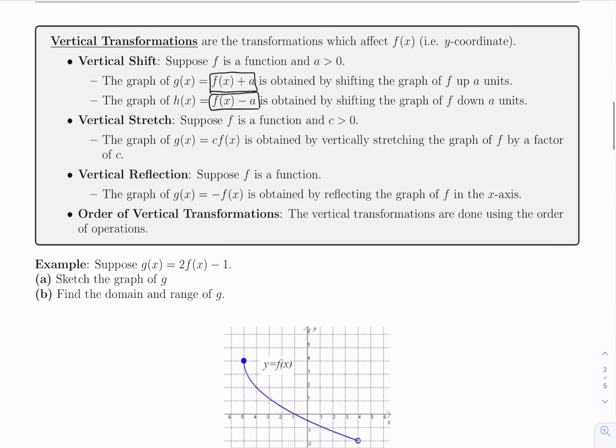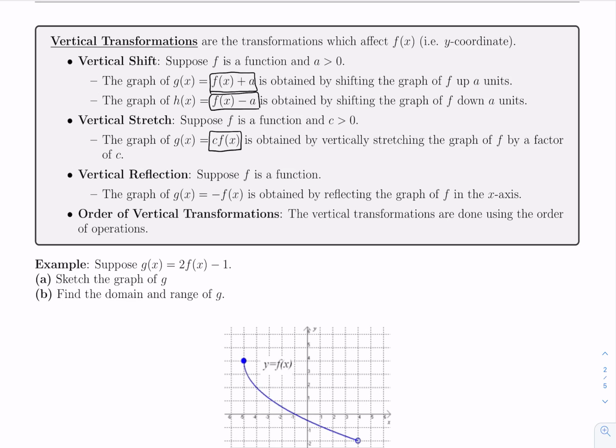Vertical stretch. Suppose c is a positive constant. We will be able to sketch the graph of c times f of x by vertically stretching the graph of f by a factor of c. Now, what does that mean? In practice, we will multiply all the y coordinates by c.